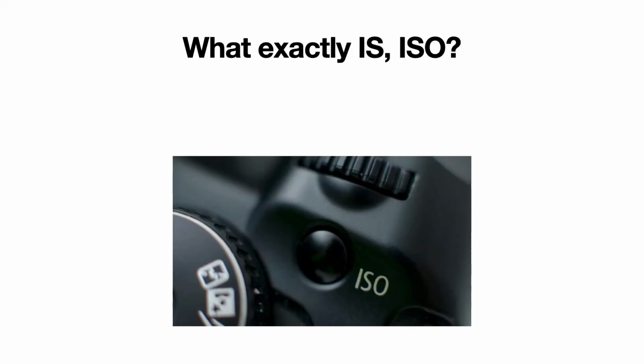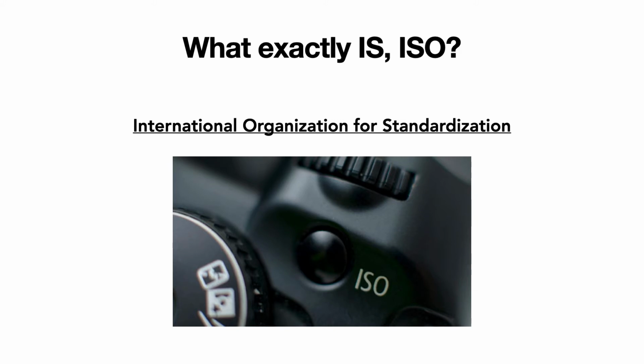What is ISO? To start with, ISO is an acronym for the International Organization for Standardization. What does knowing this do for your photography? Not much. There is, however, a long history of how ISO was developed, but we will not get into that here.